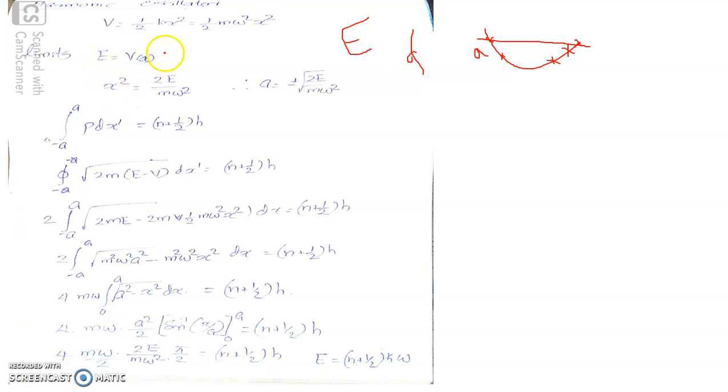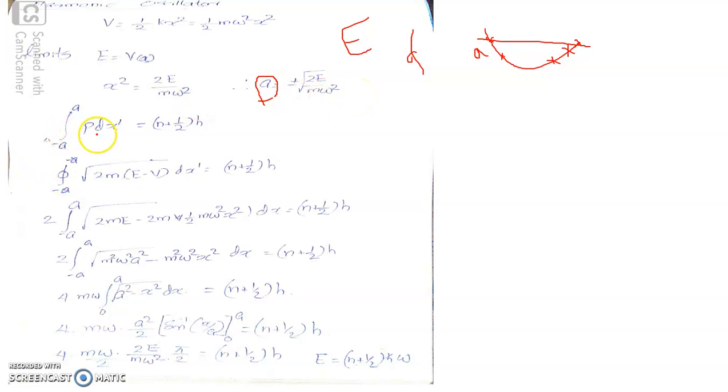That happens when half kx square or half m omega square x square is equal to total energy E. That means x square equal to 2E by m omega square, and I'll represent this constant as, say, a, and I can have two different choices for a having the same magnitude, a equal to square root of 2E divided by m omega square.